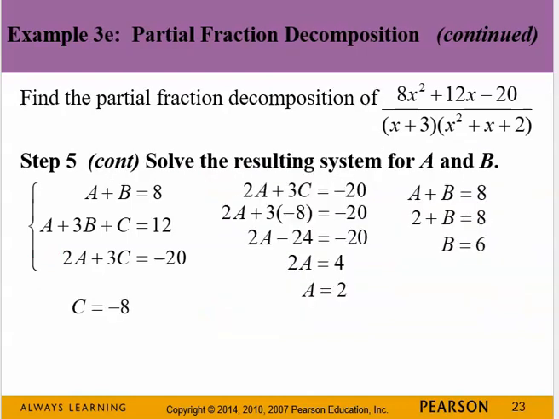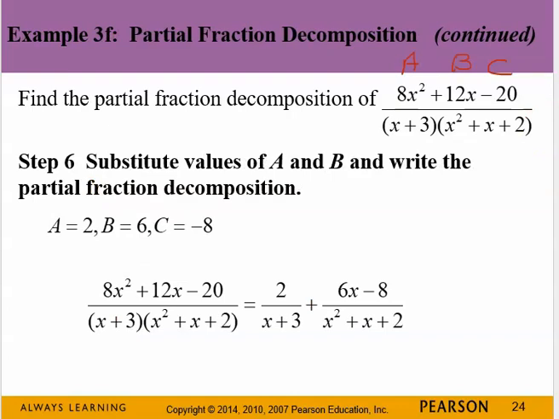So, with the value of c being a negative 8, we can go into this equation and solve for a. And we end up with a equaling 2. So c is negative 8, a is 2, and now we can go to the first equation with a is 2, b is going to be 6. So what will our decomposition look like?